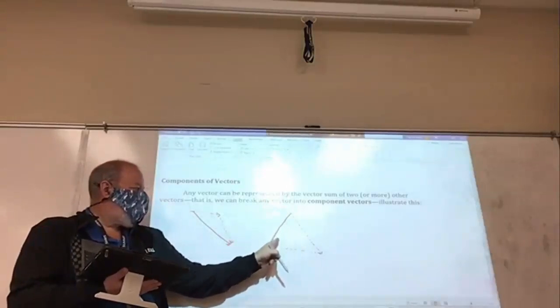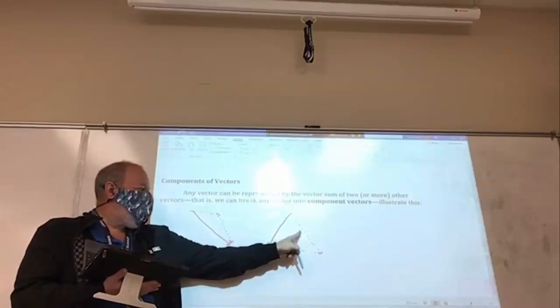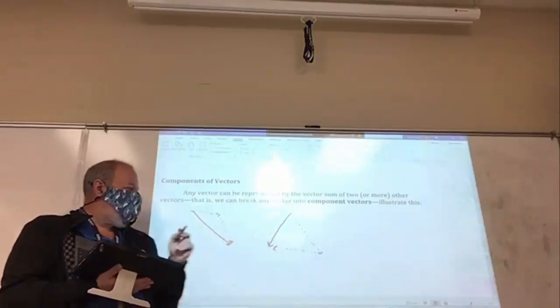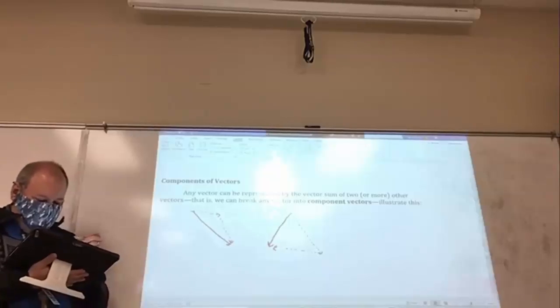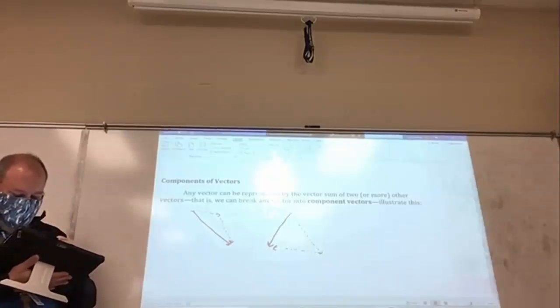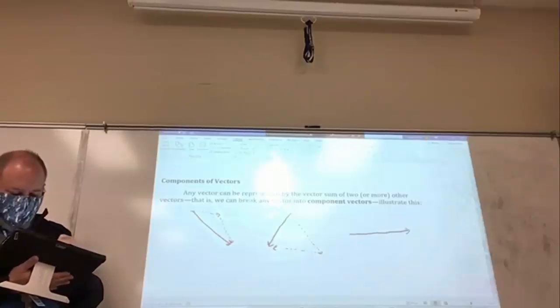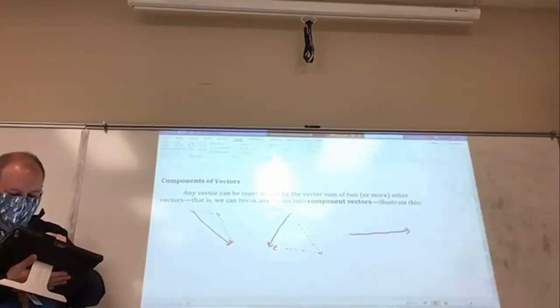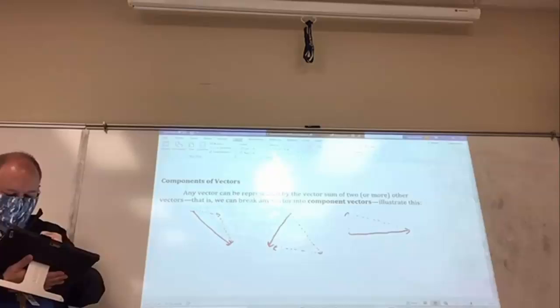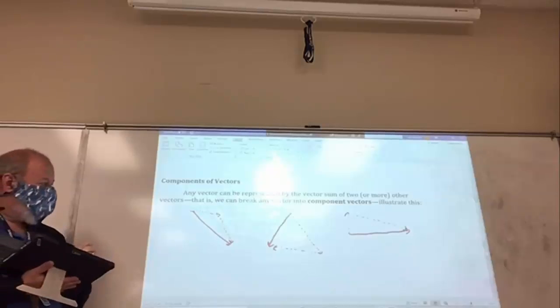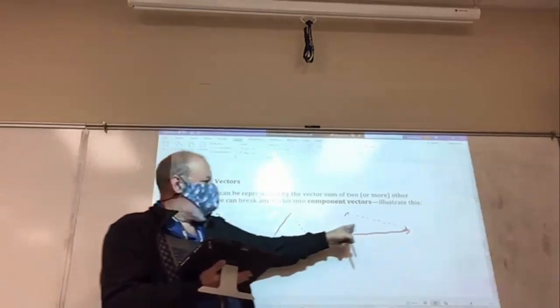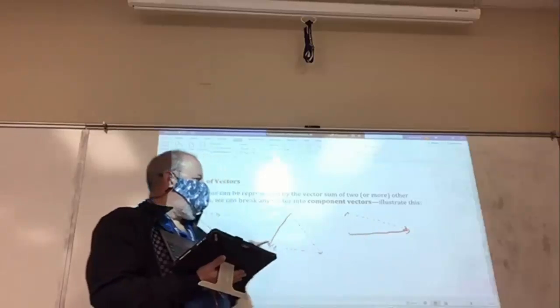So I could represent this vector by adding these two vectors together. Or I could add these two vectors together to give me this vector.